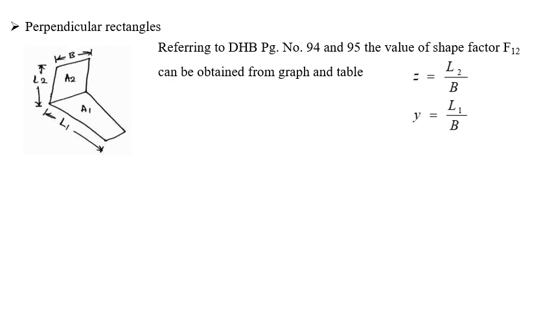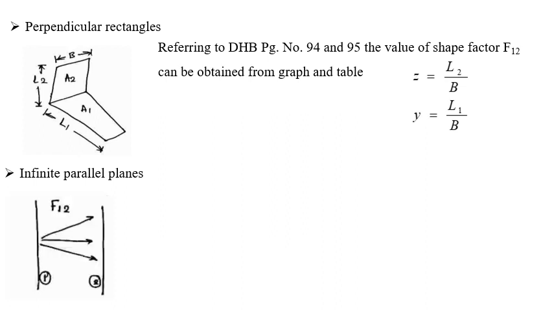Z is equal to the length of the second surface, L2 by B, and y is equal to L1 by B, where L1 is the length of the first surface and B is the breadth. So by calculating z and y and using the graph, we can calculate F1-2.